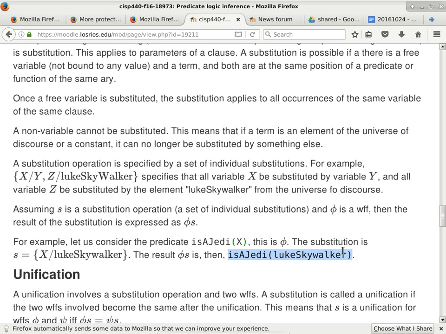If you replace uppercase X with Luke Skywalker, which is a substitution operation, then is a Jedi X is the same as is a Jedi Luke Skywalker. In other words, we say that these two predicates can unify. They can become the same. Is that part okay?